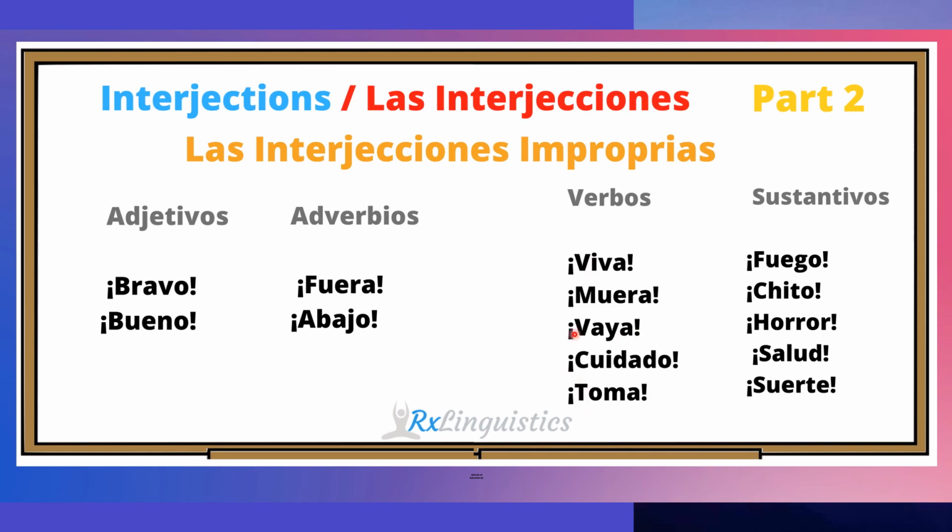And these are nouns: fuego, chito, horror, salud, suerte. So there are different parts of speech, but they are used as interjections. They are not proper interjections, but they are used as interjections.